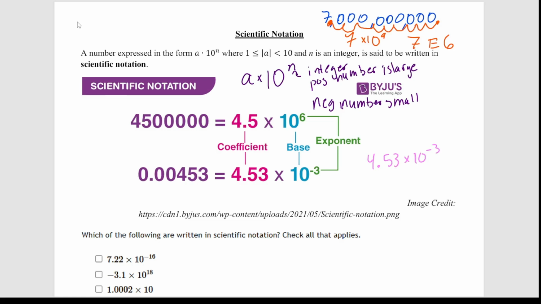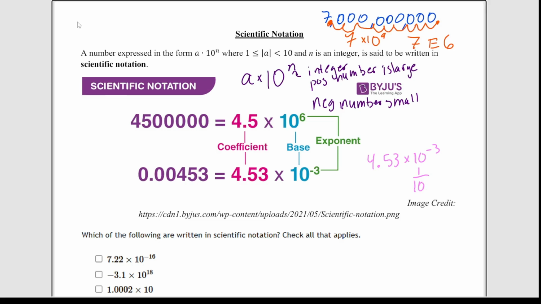So for example, for this number that we have here of 4.53 times 10 to the negative third, remember that 10 to the negative third would be rewritten as 1 over 10 to the third power, because negative exponents end up going into that denominator and then becoming positive, which in particular is 1 over 1,000 that you're really multiplying by, because 10 to the first is just 10, 10 to the second is 100, 10 to the third is 1,000.